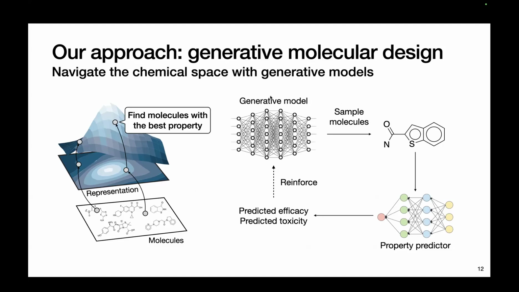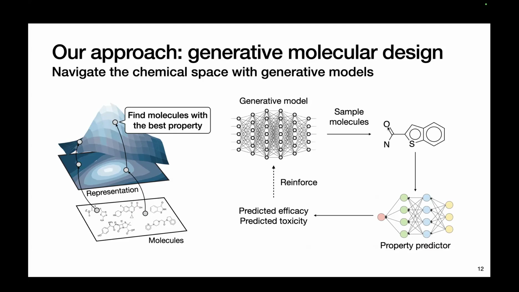The general workflow looks like the following. You have a generative model that can sample all kinds of molecular structures, and you evaluate them using an in silico reward model.